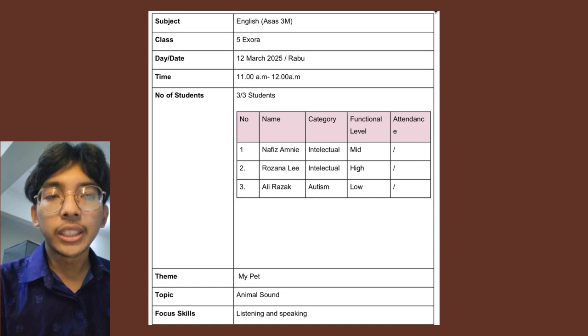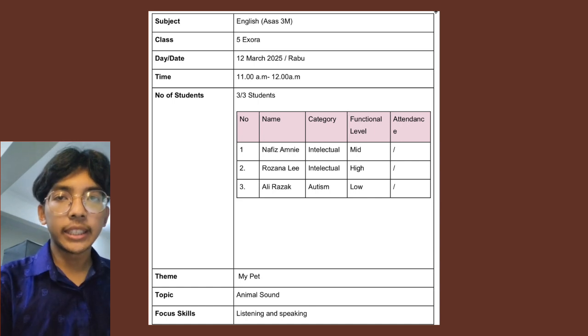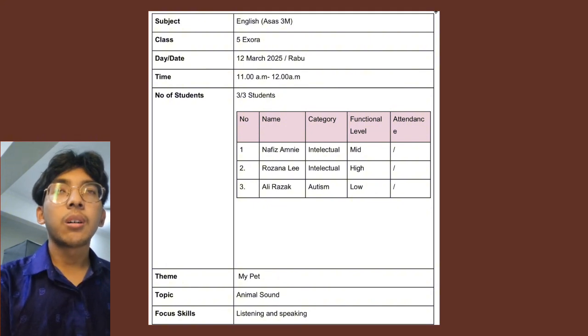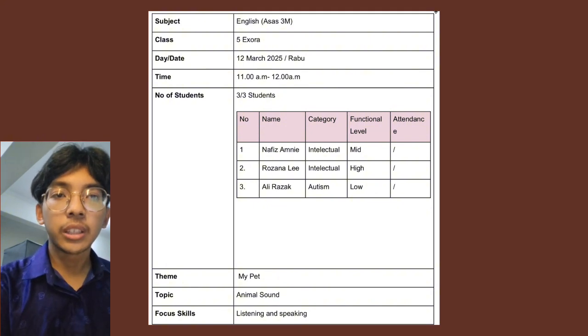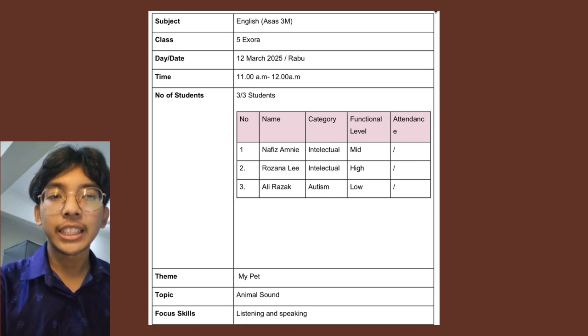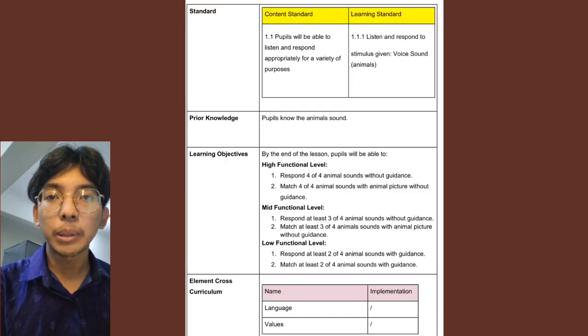The theme that I use is my pet because it connects with an animal, and the topic that I chose is animal sounds from the year 1 textbook, and the main focus skills are listening and speaking.